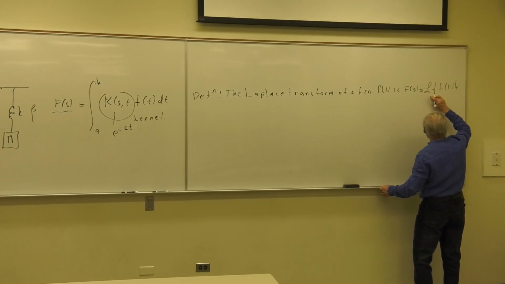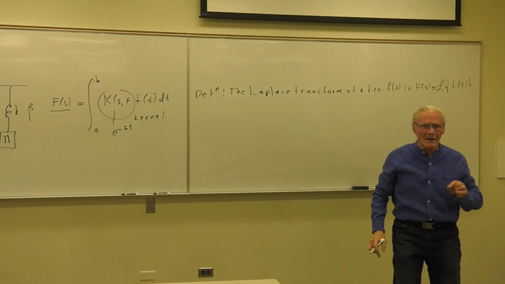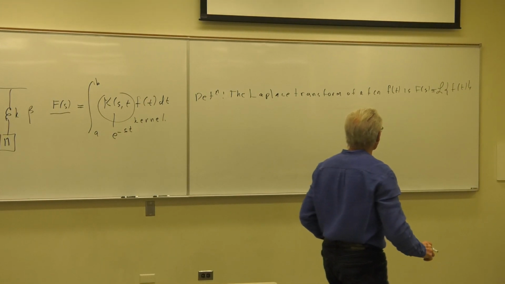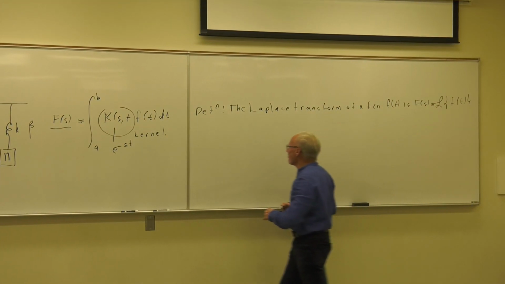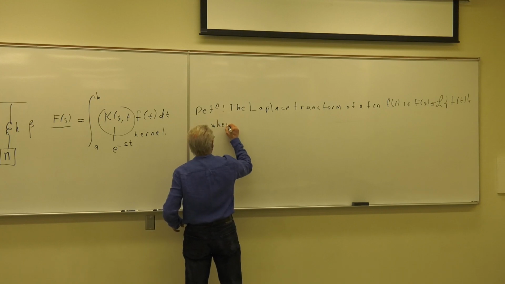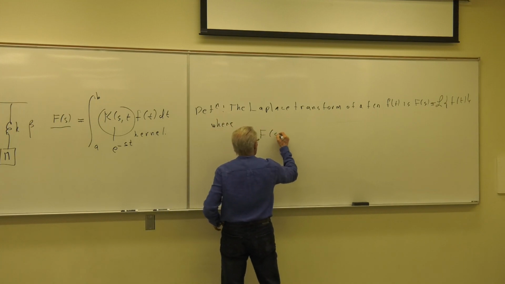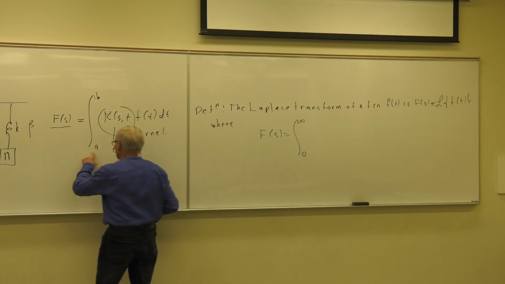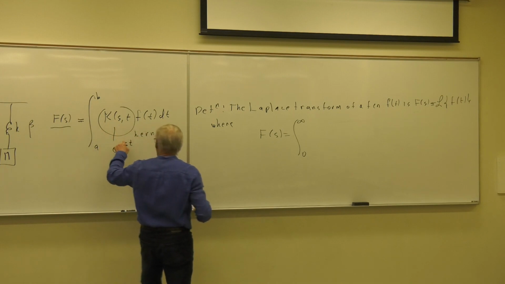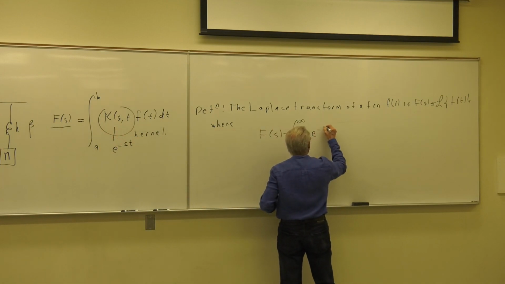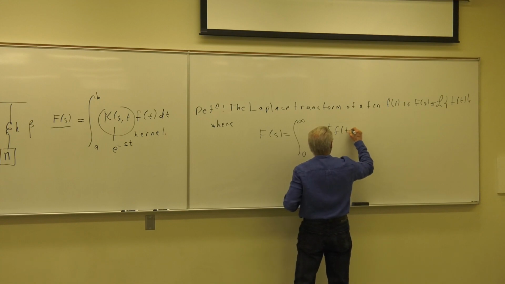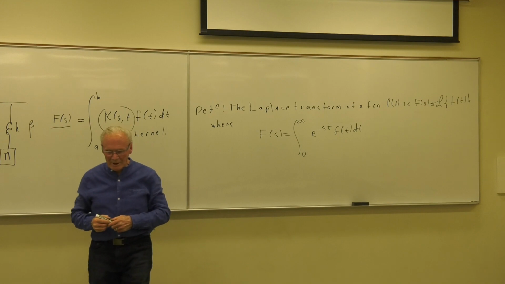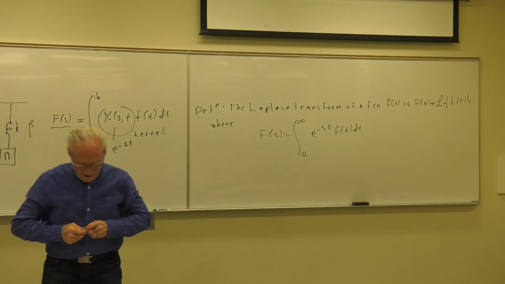When you see this curly L, it says you're taking the Laplace transform of the function in the curly brackets, which is F of s, where F of s is equal to the integral from 0 to infinity. So a has become 0 and b has become infinity, and we're putting that kernel in here: e to the minus st, f of t, dt. So that's what you mean by the Laplace transform of a function.